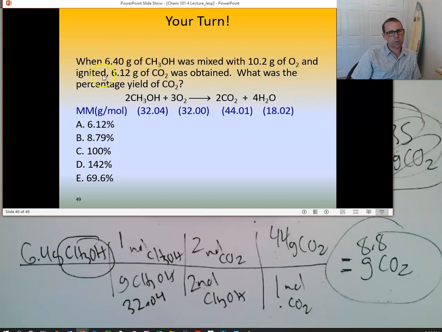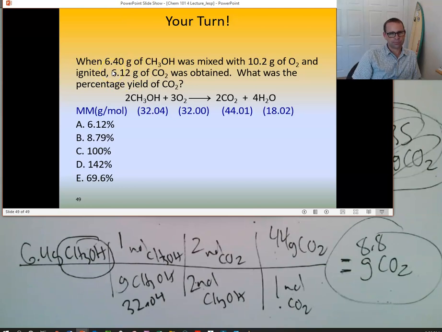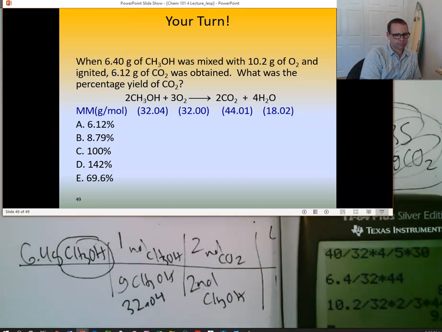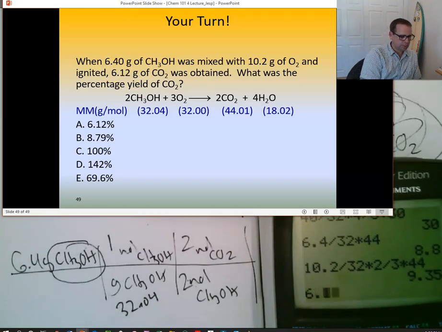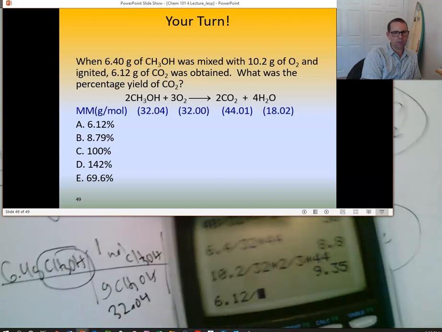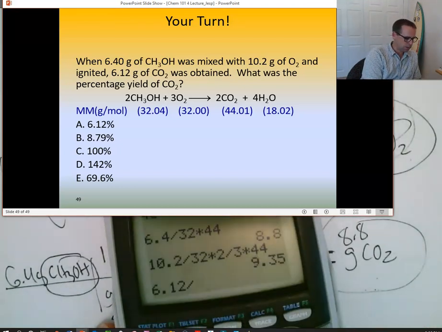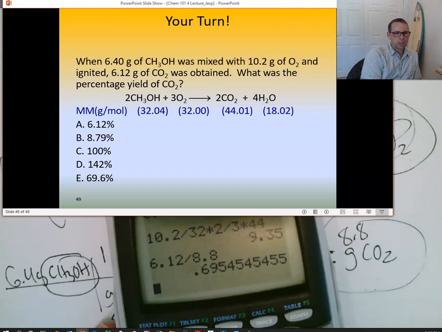By 6.12. Right? That's our actual, isn't it? 6.12 is our actual. So that can be divided by our theoretical. 6.12 divided by what we got down here, which was 8.8. Yeah.